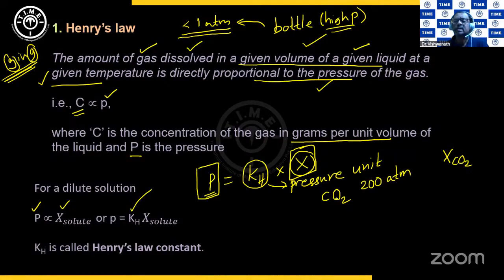Now I'll replace the CO2 with some N2 at the same 200 atmospheres or lesser pressure. What will be the X of N2? Will it be the same? I have maintained the pressure for both the gases. Can I get the same solubility?